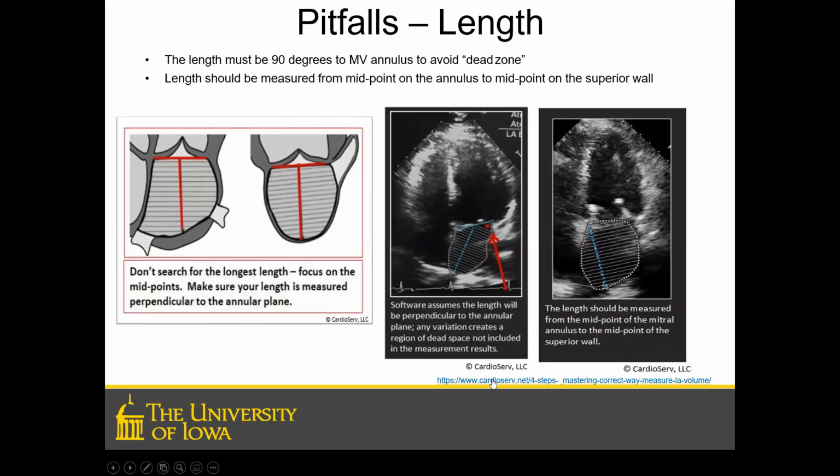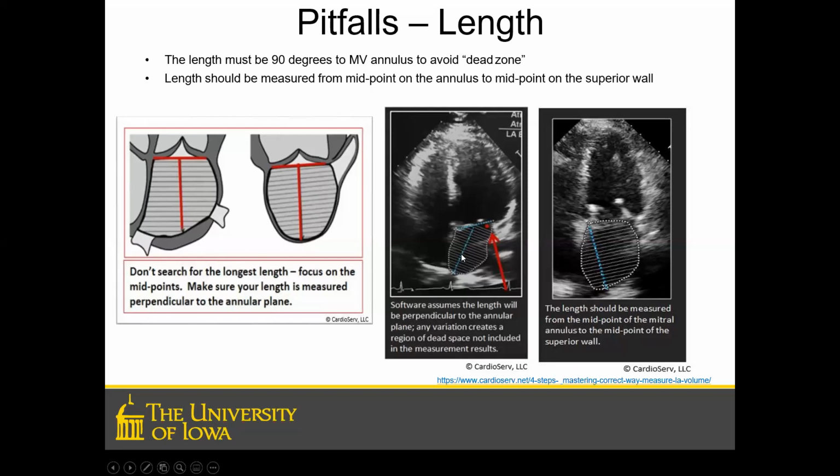So again, from this CardioServe website, as I said, it has really good examples of technical problems. This is a good trace where the length is from the middle of the annulus and our method of disc is filling the space. On this one, notice that the length is coming to here.